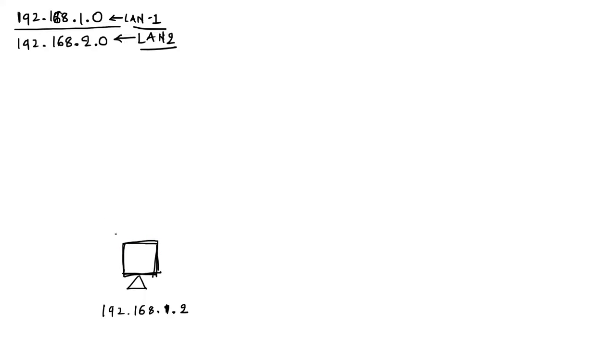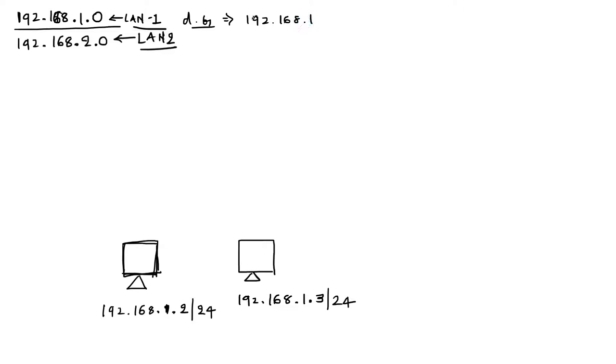The IP address of the first PC is 192.168.1.2 and the IP address of the second PC is 192.168.1.3, and the subnet mask of both the PCs is the default subnet mask of class C. We will set the default gateway of this network as 192.168.1.1 and the default gateway of LAN 2 as 192.168.2.1.